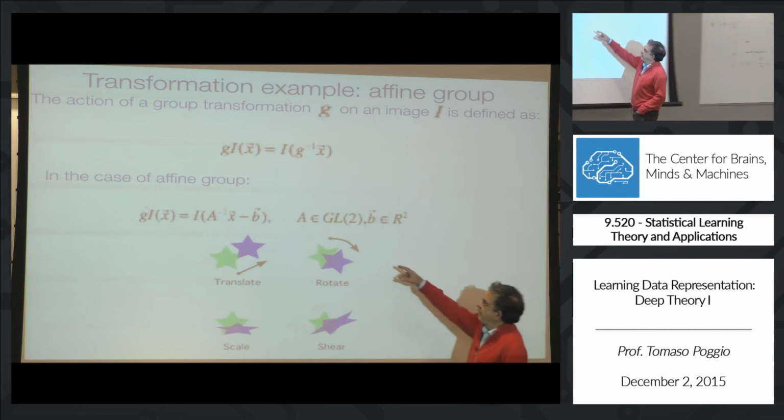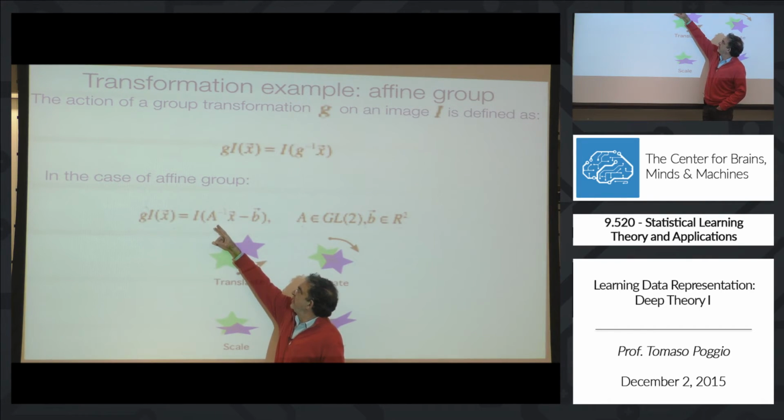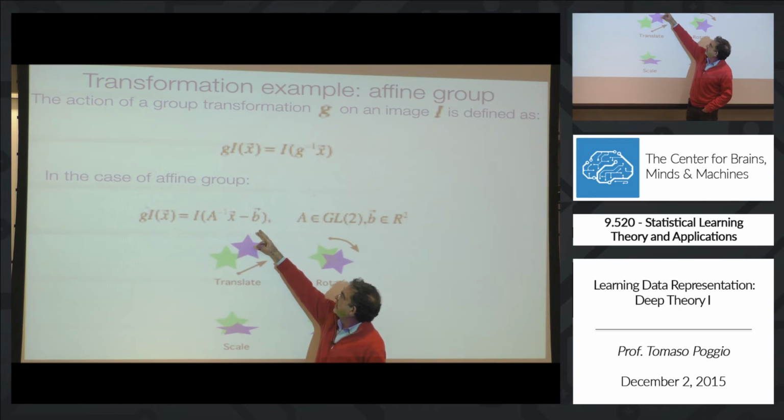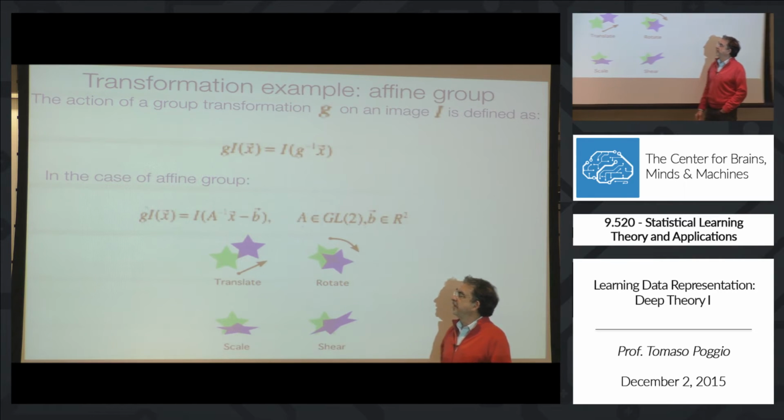If you have a vector here which is xy, this matrix A is a 2 by 2 matrix, and this is a vector, a shift in x and y.